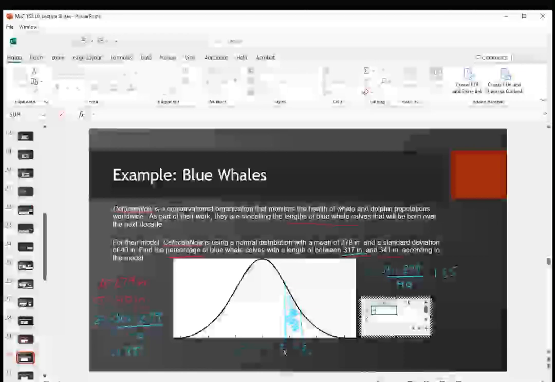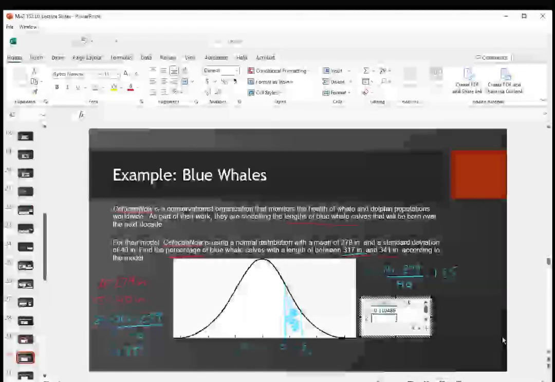And so if we do equals of our upper Z value, this gives us the area to the left of Z2 minus the area to the left of Z1, which in this case is 0.95.